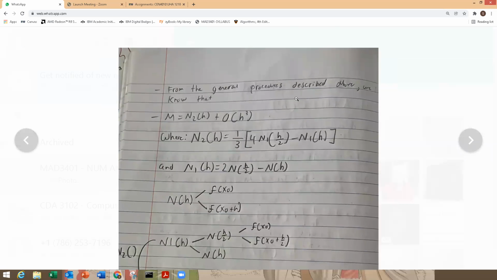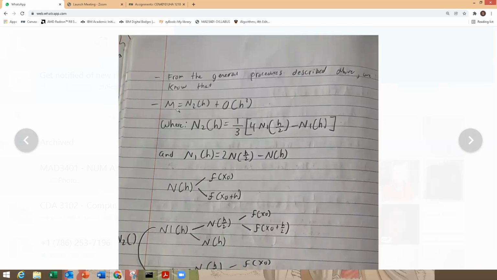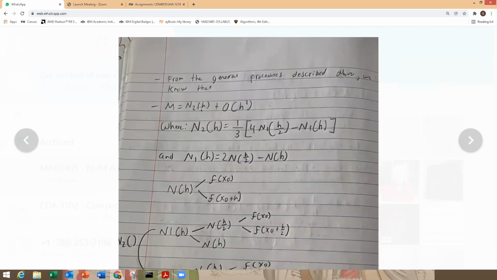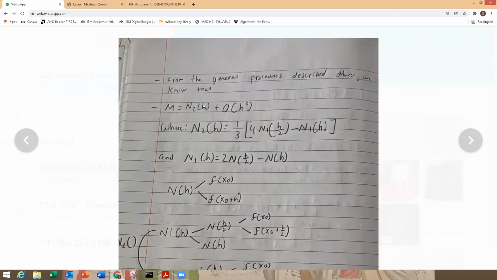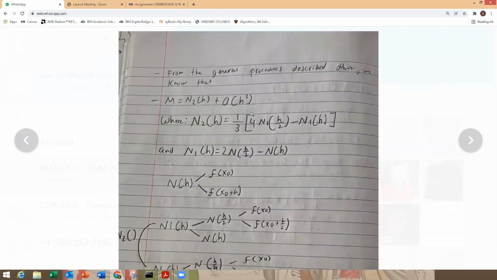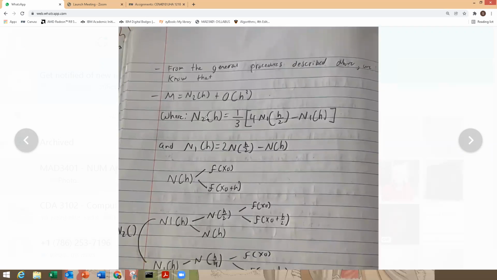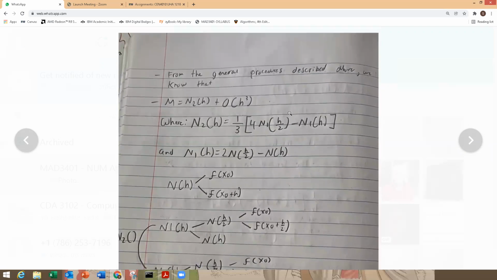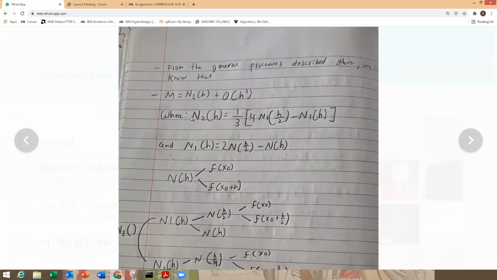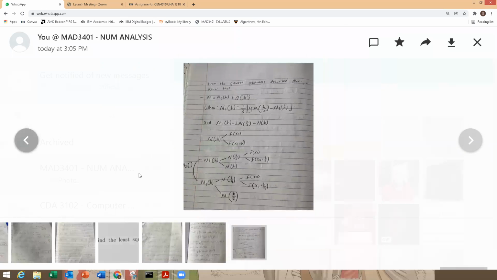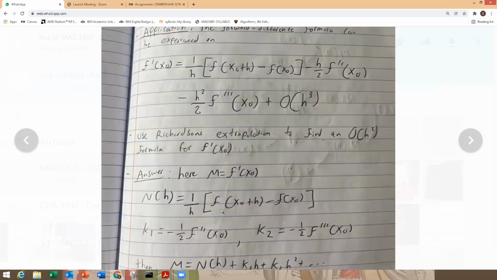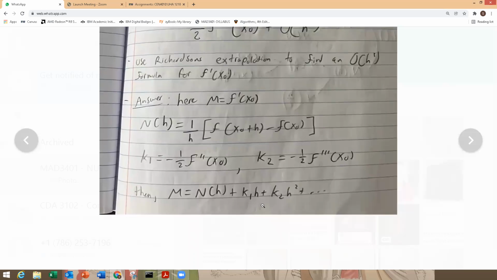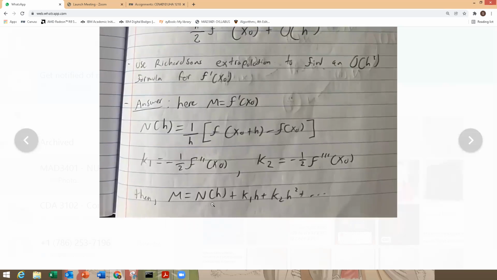So now from the general procedure described above, we know that M equals N2 of H plus big O of H cubed, right? Where N2 of H is 1 over 3 times 4 N1 of H over 2 minus N1 of H. We actually get that by doing the procedure where we have to do a little sequence where we cancel.